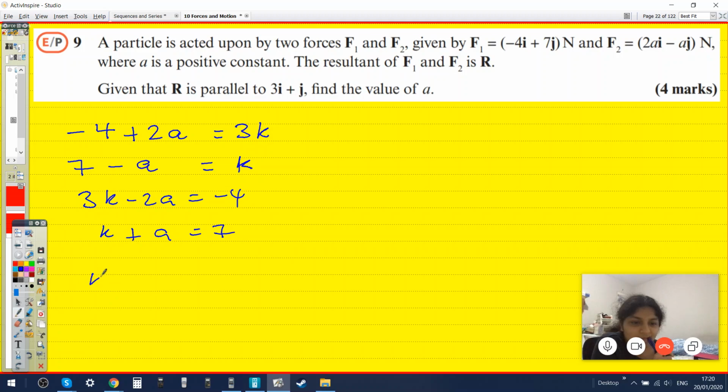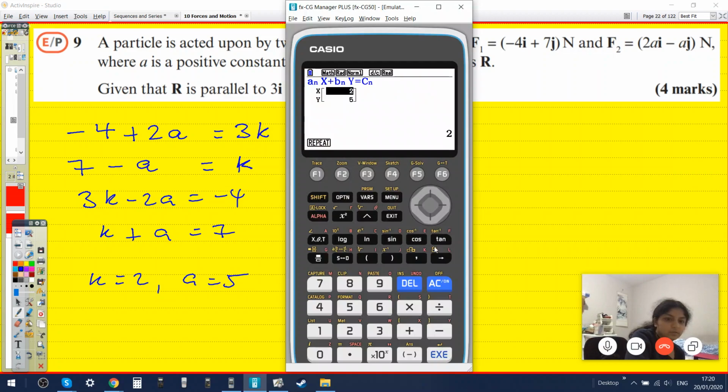So K equals 2, equals 5. So with your values, they're all signs reversed for the first one, are they? Minus 3, 2, and 4. And then the second one, all the values are doubled? 2, 2, 14. Same thing.